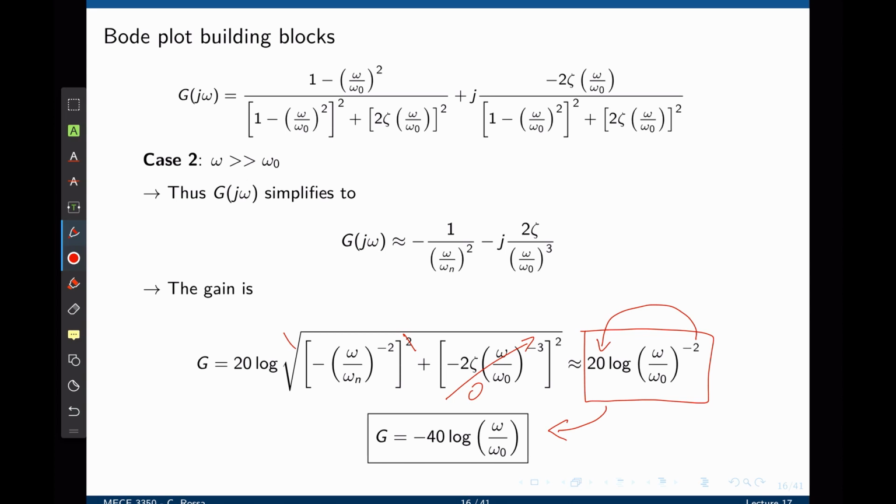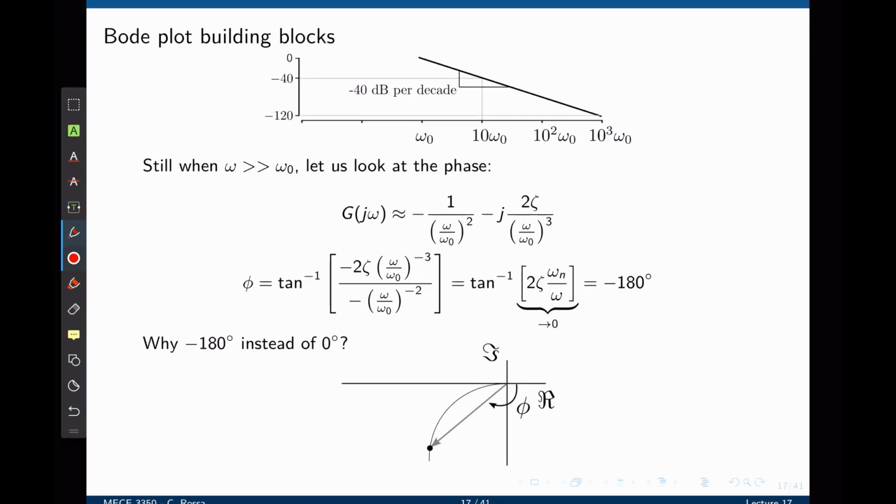If you recall, for the real pole, we had negative 20 log of omega over omega 0. For the complex pole, we have negative 40 log of omega divided by omega 0. So this is equivalent to having two real poles. This creates a slope of negative 40 decibels per decade past the cutoff frequency. This is easy to see. If our cutoff frequency is omega 0 right here, we have negative 40 log of omega divided by omega 0. If omega equals omega 0, this is 0.